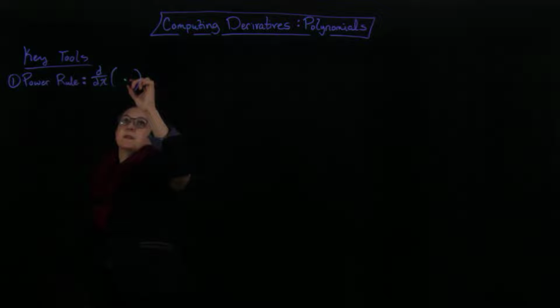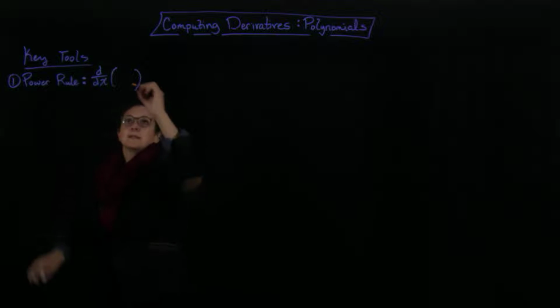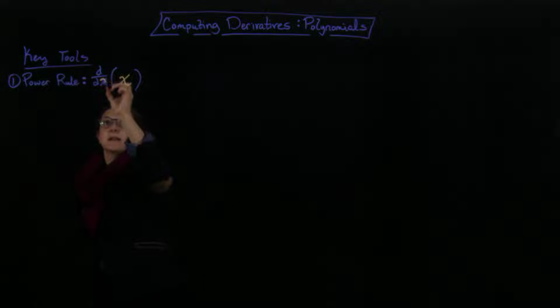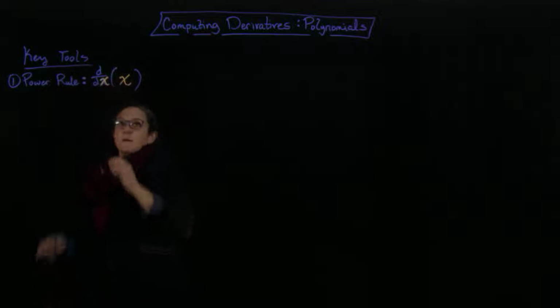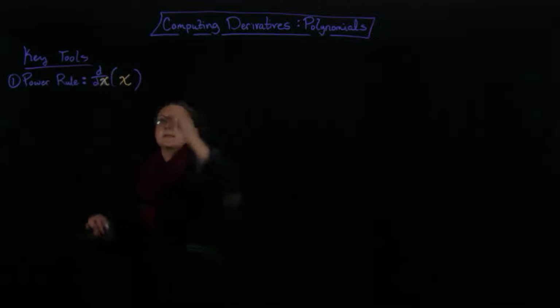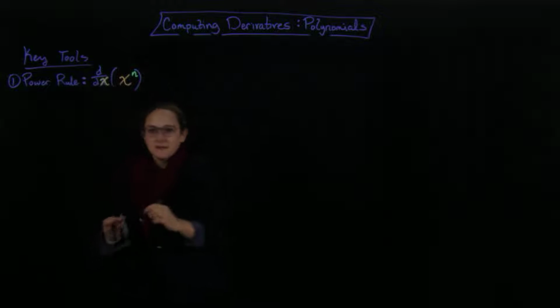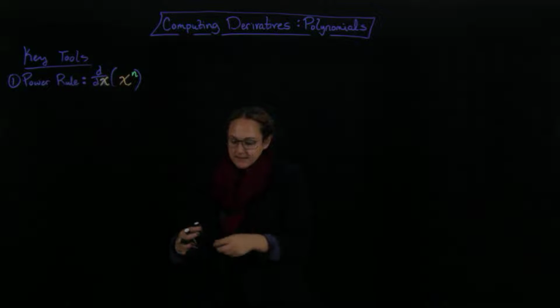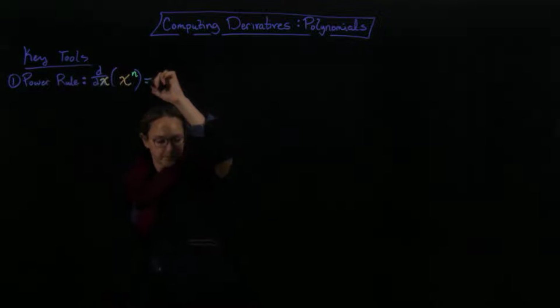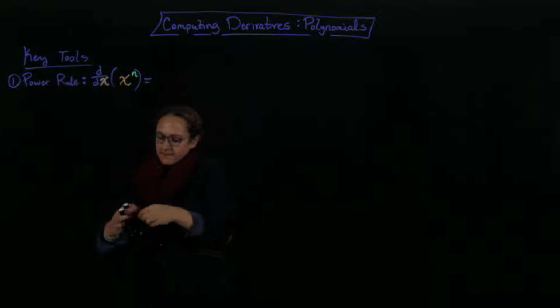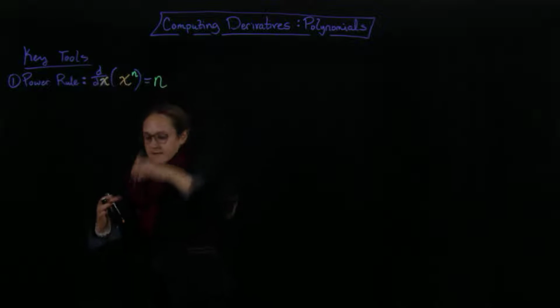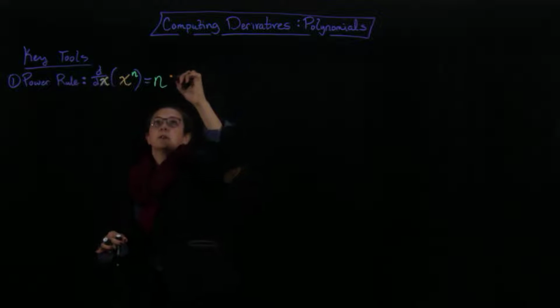This had to be the same x as this x here. We have to remember that. Then we take this to any power n. It doesn't matter what it is as long as it's a power. This is going to equal n x to the n minus 1.